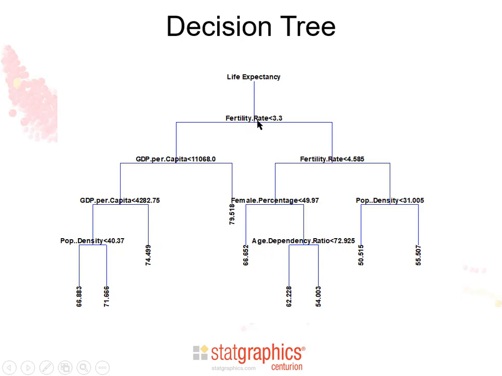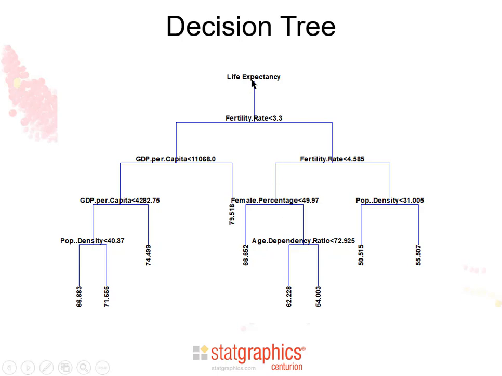That's the average number of children that a woman has in that particular country. If they have less than 3.3 children on average, you move left. More than 3.3, you move right. Other variables that turned out to be important: GDP per capita, percentage of females, the population density, the age dependency ratio.